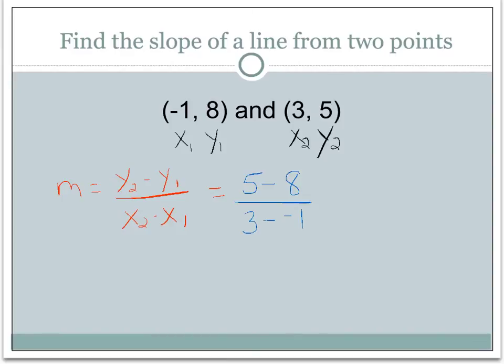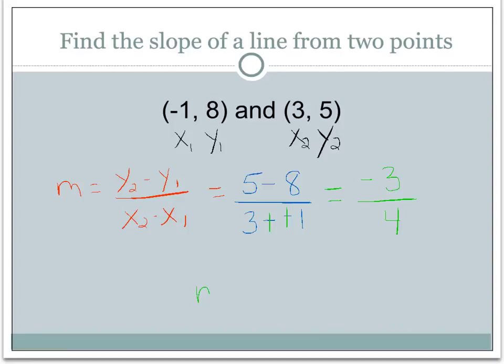Now notice that I put the subtraction because that's what the formula tells me, and my X1 was a -1. So let's take a look and see what we do here. If we look at just the numerator, 5 minus 8 gives me a value of -3. Divided by 3 minus a -1, we know this becomes positive, and 3 plus 1 is 4.